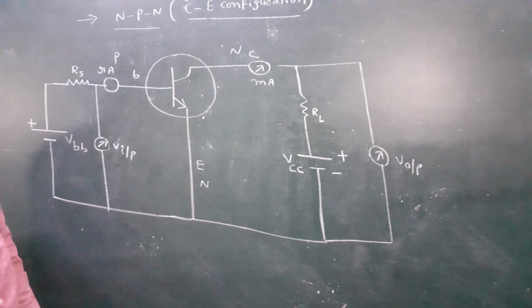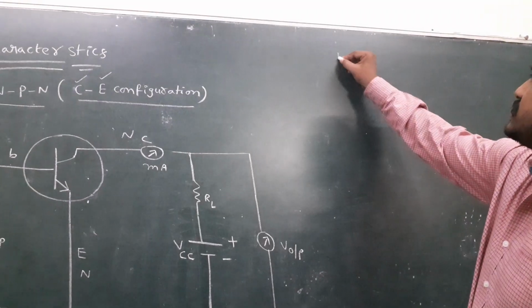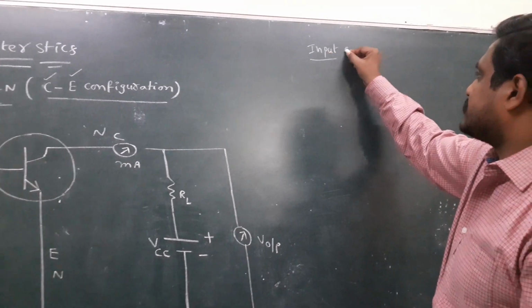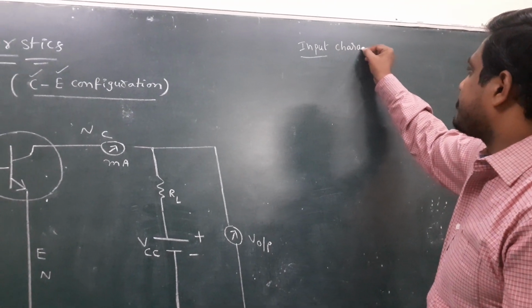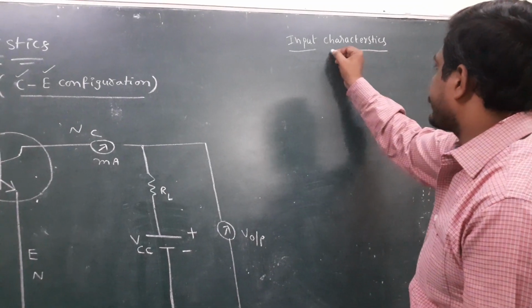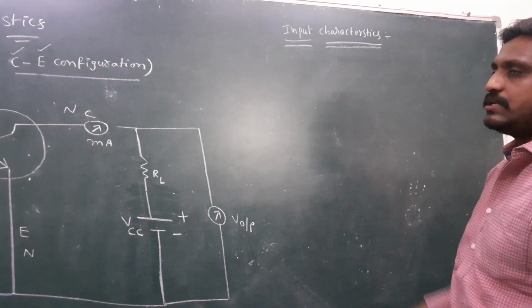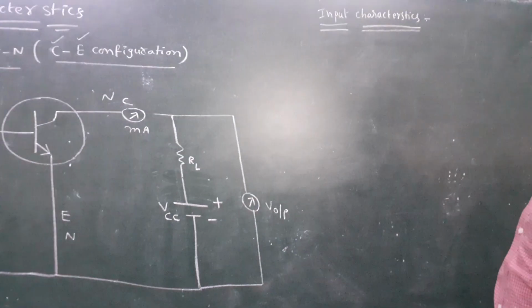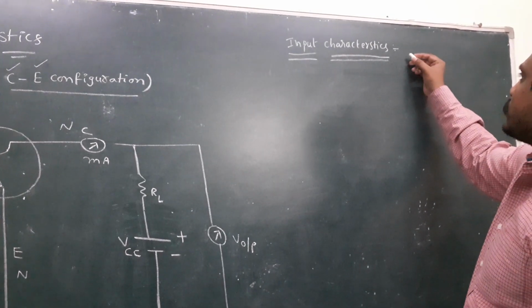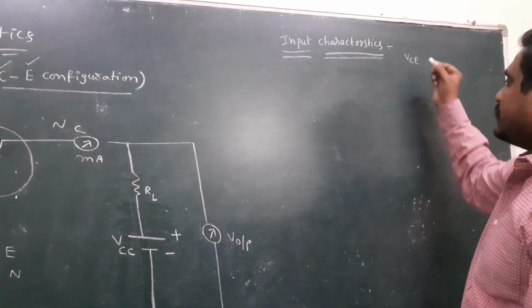Here Nana, first study the input characteristics. Input characteristics means that in this diagram the input is studied and the output is constant. The output is named VCE.